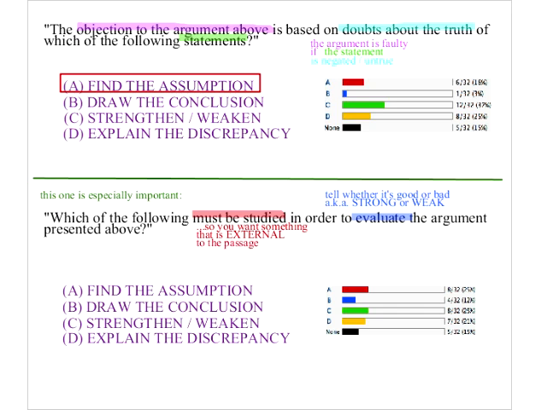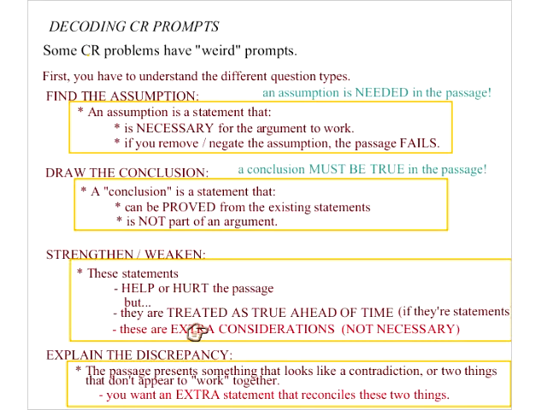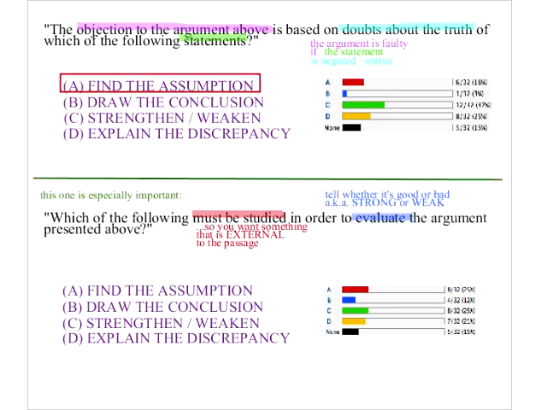So you're looking for something external to the passage to tell whether it's going to strengthen or weaken the passage. All right. So that is going to be a strengthen or weaken question. They're external to the passage, and they help or hurt. So let me give you an example of how they do this.